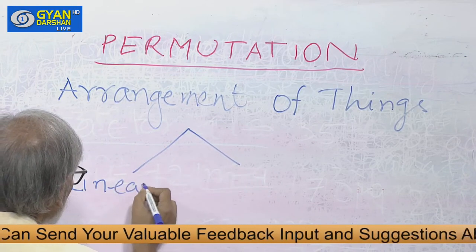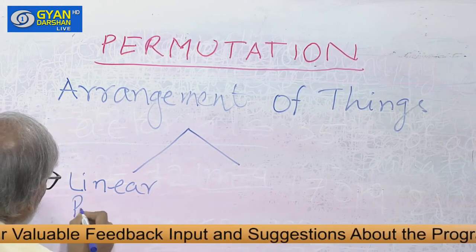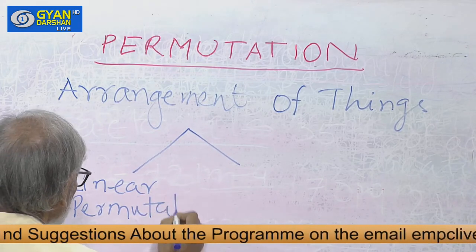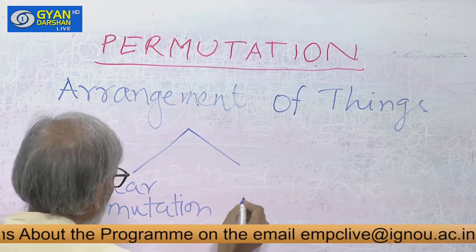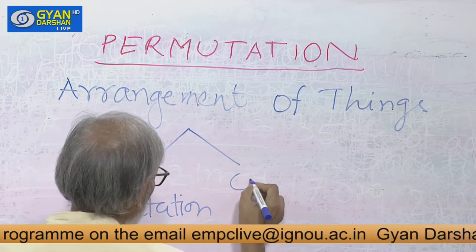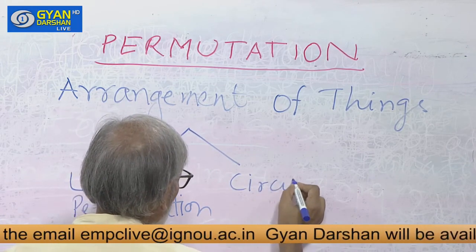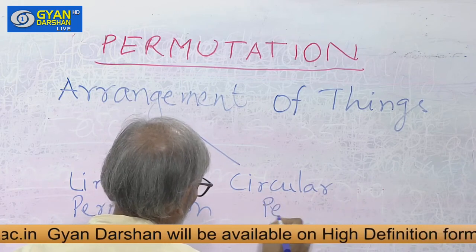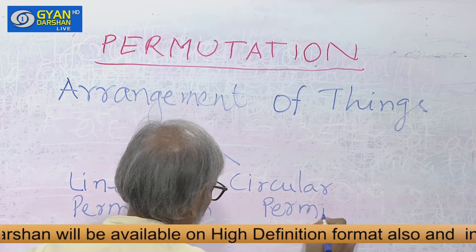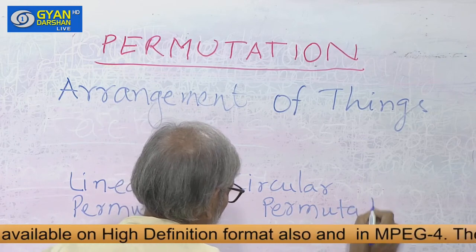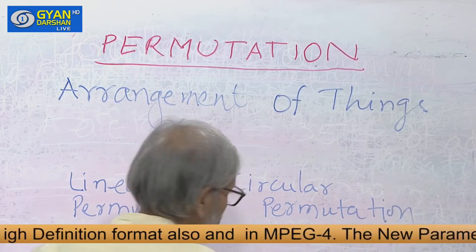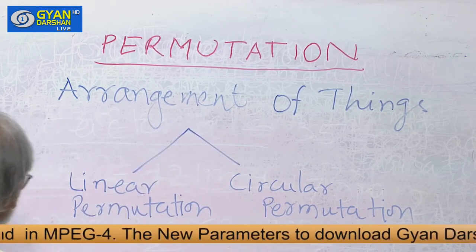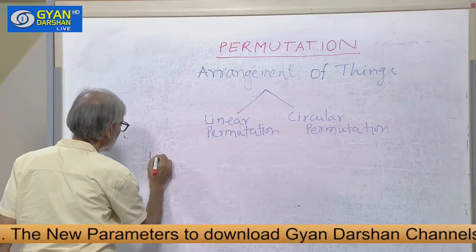One is linear permutation, and the other one is circular permutation. So, let us discuss first the linear permutation.